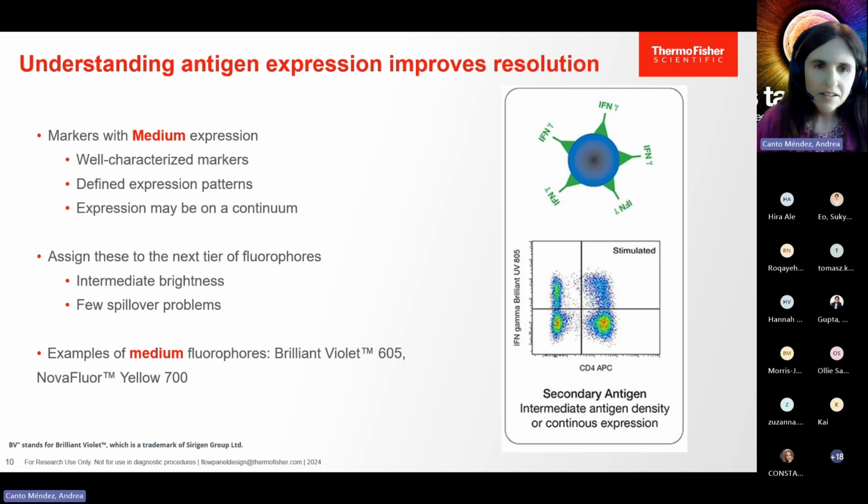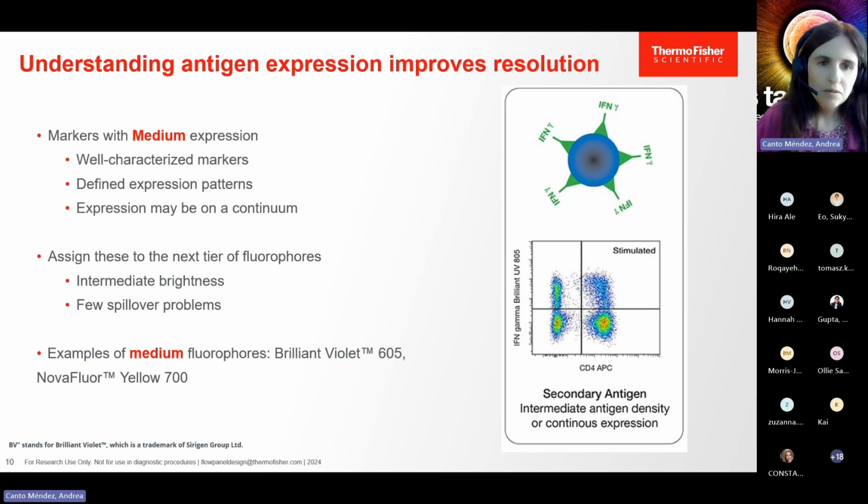These are CD4 T cells, and they produce interferon gamma upon stimulation. As you can see, here the positive and negatives are not so well separated, and the positive cells have different levels of expression intensity. So here it's a good idea to go for intermediate, medium fluorophores, and also take into account that these should have few spillover problems compared to the high expressed markers.